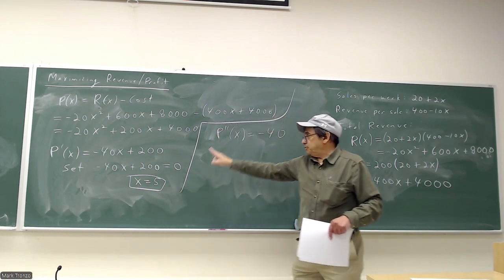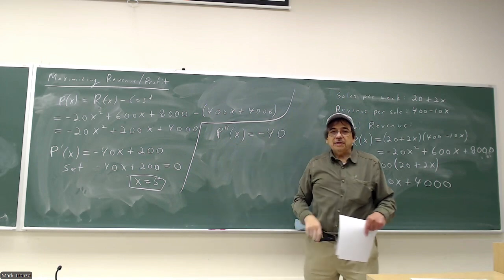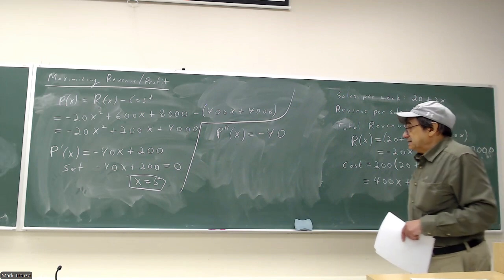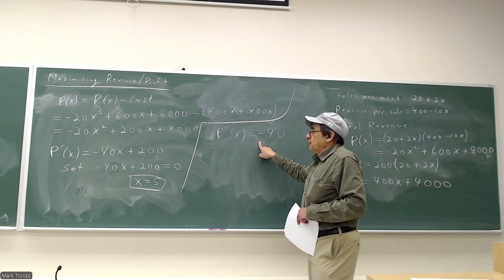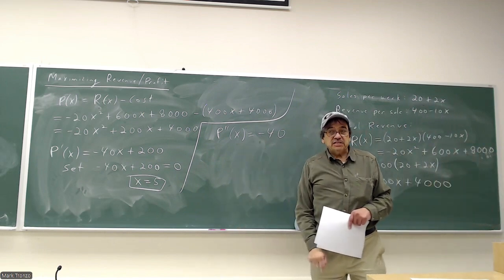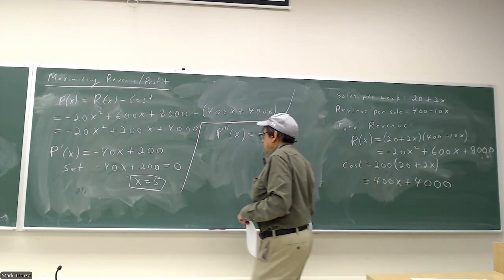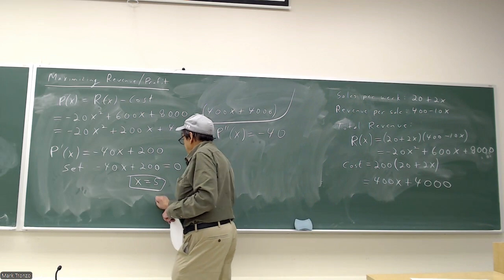And of course, no matter what you substitute here, this is going to be negative. So that indicates this value we got here is a maximum, because remember, if the second derivative is negative, that indicates that our critical point is a maximum. So this is a max.